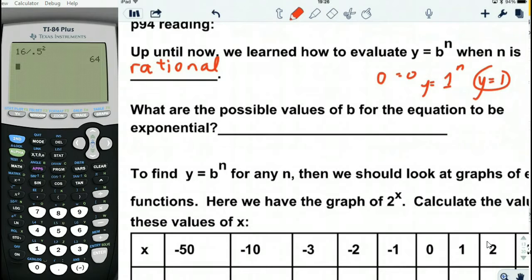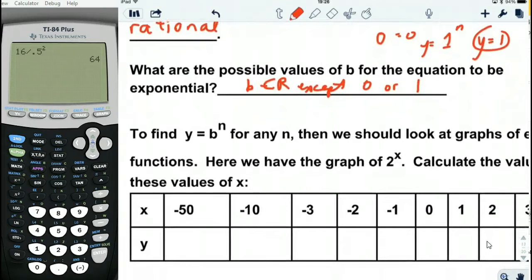So we'll just say, yes, b can be like any real number except 0 or 1, and then it will be exponential. And then there's the case of negatives, which gives some really weird results with exponentials too.